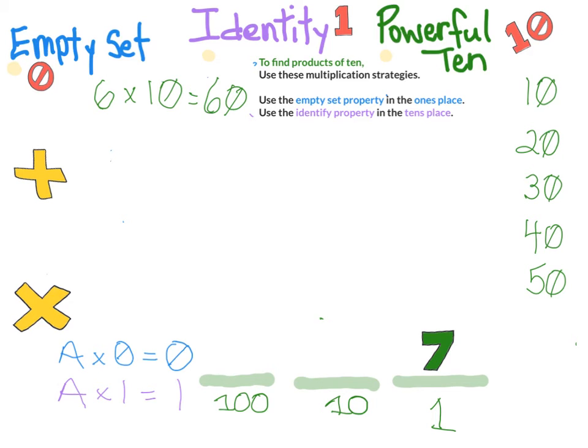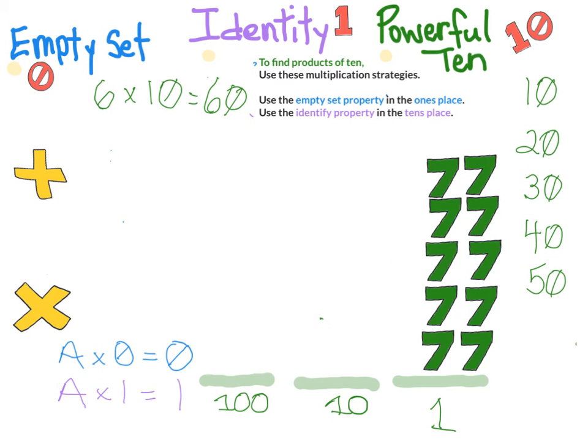Let's look at what happens when we add more 7s to this number. There I have it, 10 sevens. It looks really messy, doesn't it? And we really can't calculate that value. So instead of trying to count up all these sevens, we're just going to say we have 10 groups of 7.